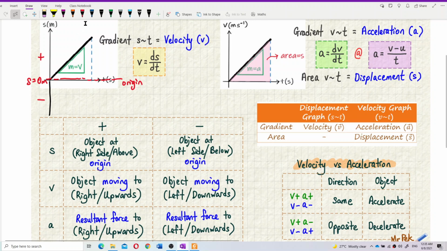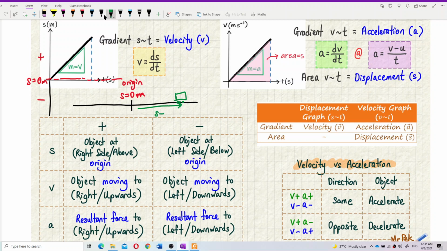For example, maybe I make a line here. This is the origin at the middle. So if the object is over here at the right hand side, then this is positive displacement.